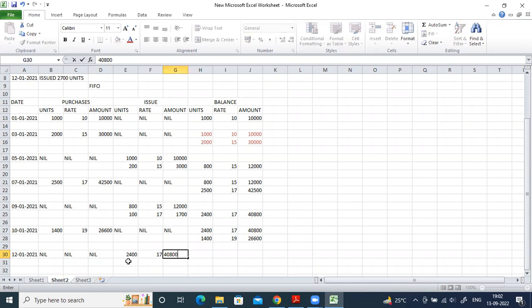And how much stock do we need to take from the second lot? 300. So 300 into 19. And the balance will be 1,100. Very good. 1,100 into 19.